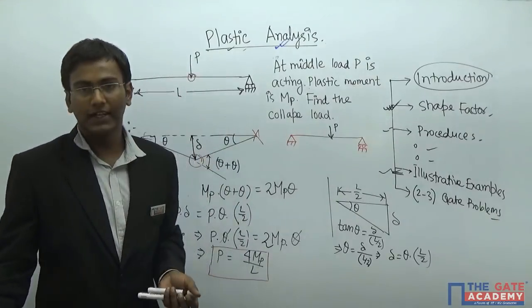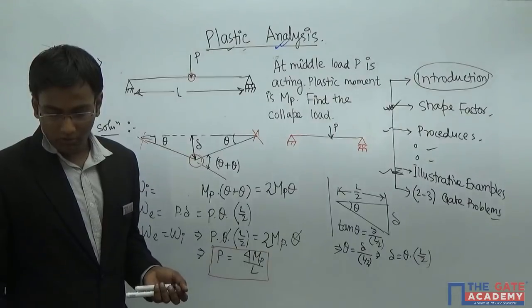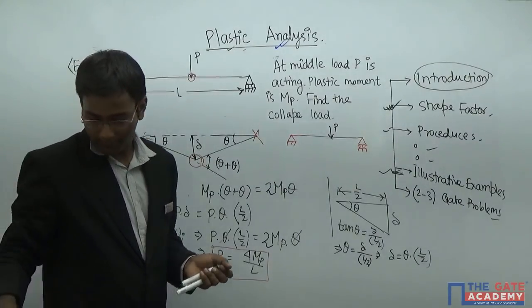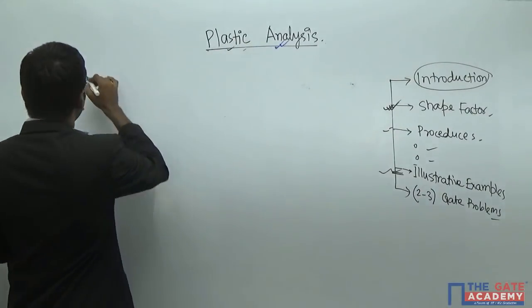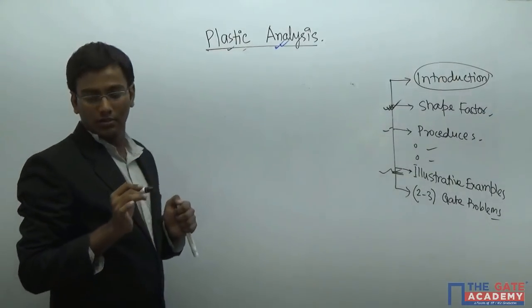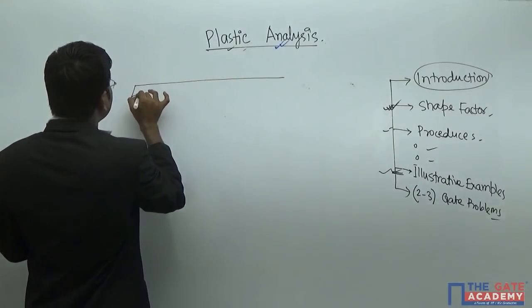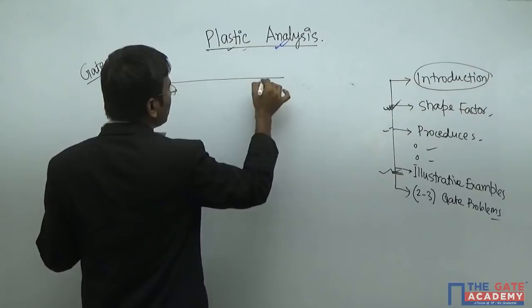Now let us discuss a previous year's GATE problem. This will be easier for you, very easy for you. Just take a GATE problem. The problem is a simply supported overhanging beam.